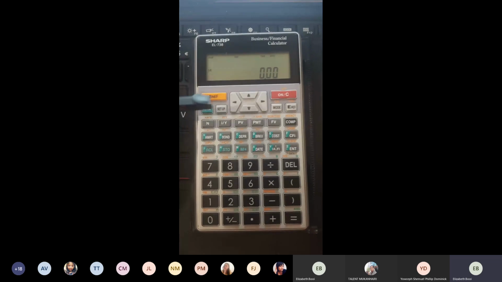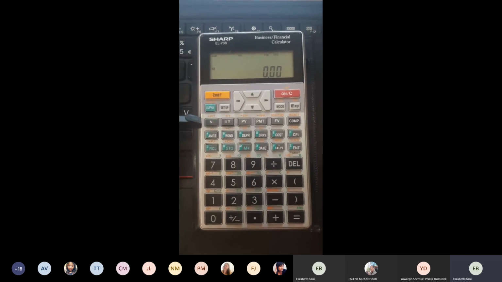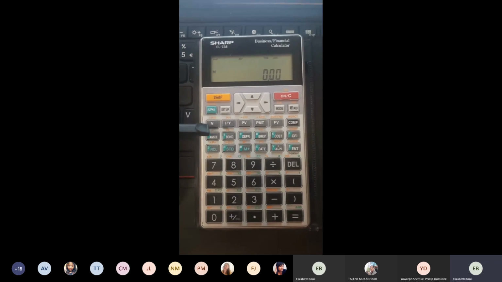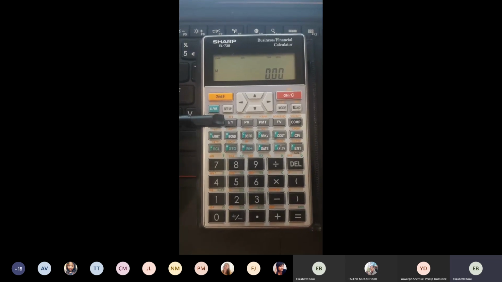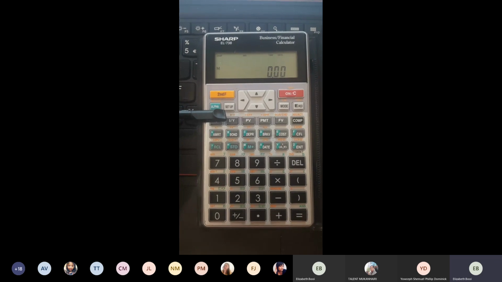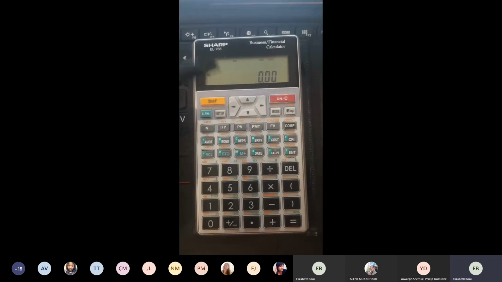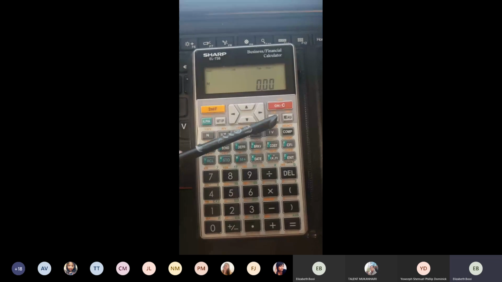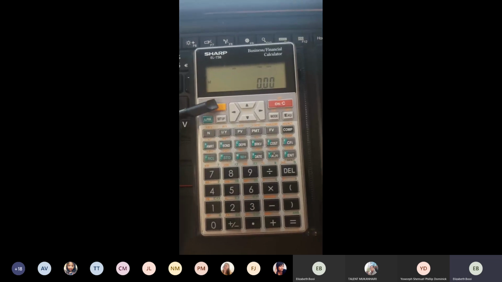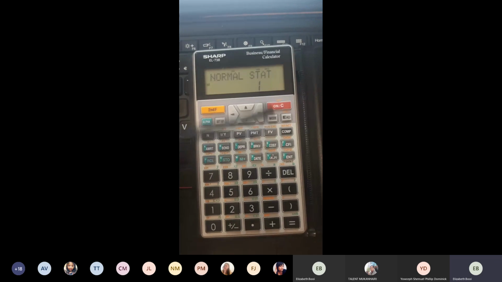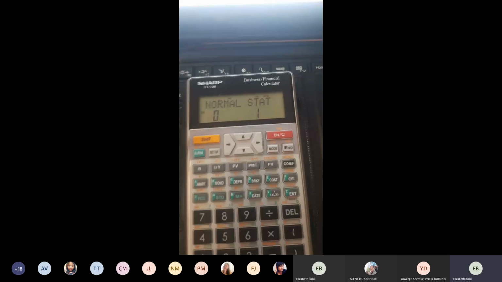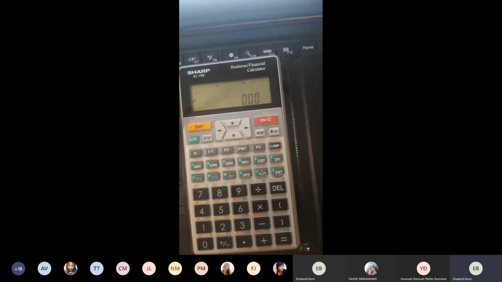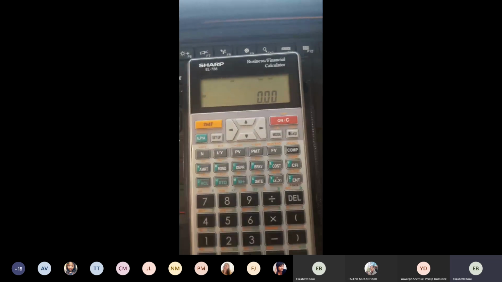So if you are able to see it, then it means we can continue. Remember I said, the first row that you always need to remember is that row. We're always going to use that, which has the N and the I/Y in front, and on top of the I/Y you will see there is a P/Y. So to answer this question, we're first going to press second function and then mode, to clear my calculator from any stored values.